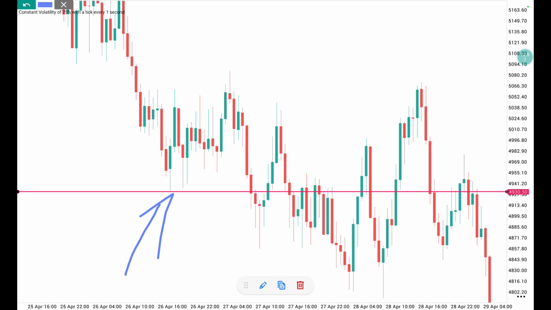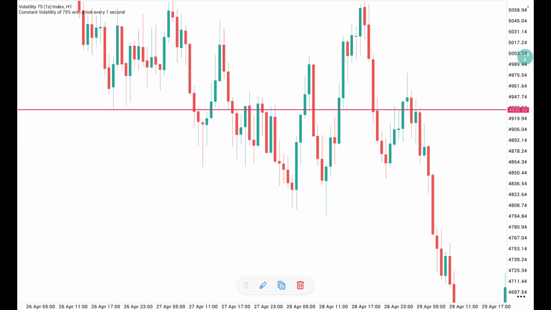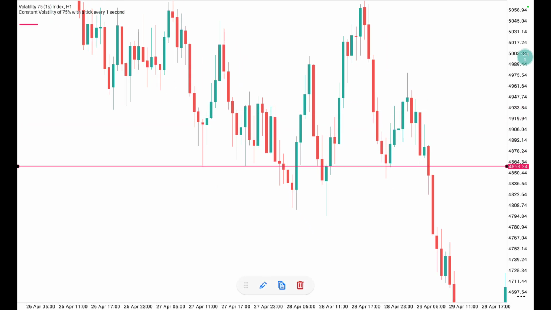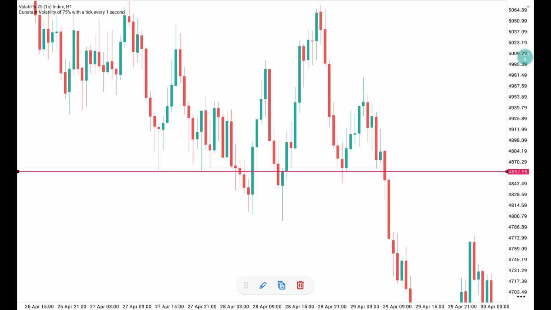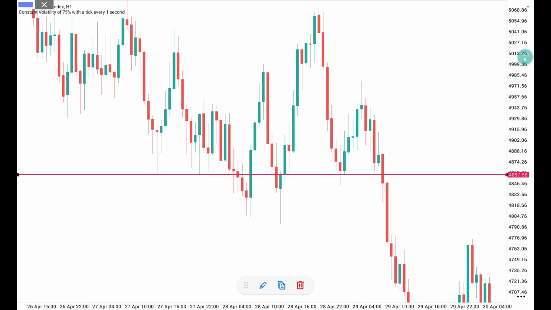All right, so look at this. You know we have a valid break of structure here, because you can see candle body closing below that old low. Okay, so let's move our horizontal line to this low now. Now, where do we have a valid break of structure? Not on that candle, not on that indecision candle.